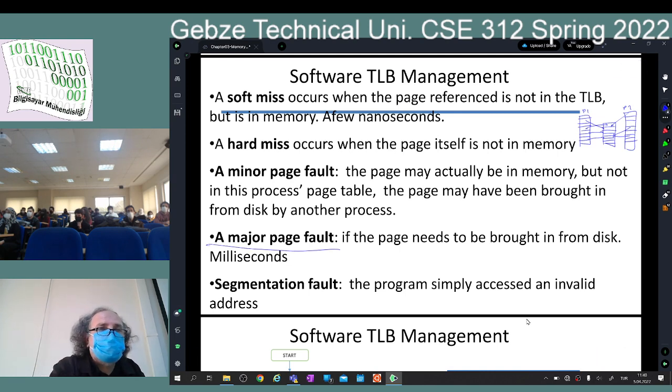We don't like hard misses, and we don't like, of course, the segmentation fault. Segmentation fault is this: the program simply accessed an invalid address. What does that mean? For example, an address that doesn't belong to my process, or an address that I am only allowed to read, not modify, or read, not execute, and so on.